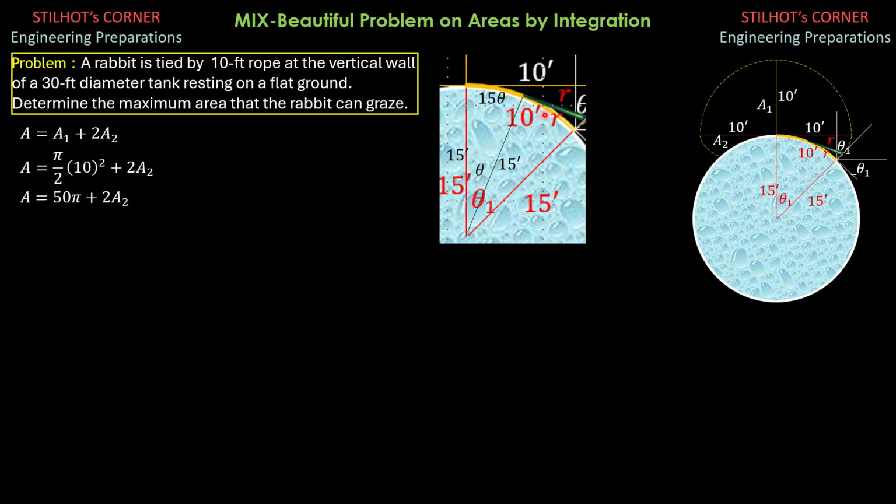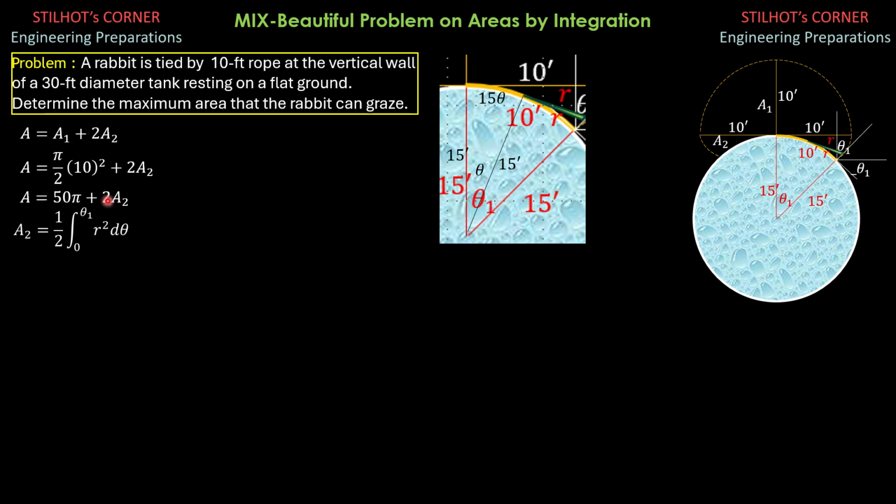Now, take note that this differential area, shaded green, the grass supposedly, is the area of a sector, which is 1/2 r squared times the central angle, which is differential theta. So area 2 is 1/2 integral of r squared d theta. The limits of theta should be from 0 to theta 1.